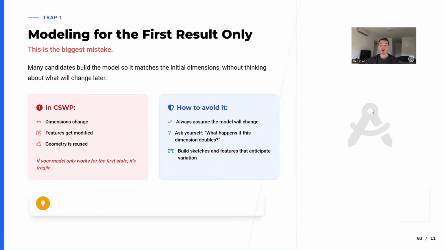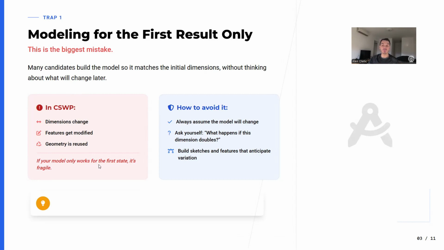So the first trap is modeling for the first results only. And this is the biggest mistake because most candidates build the model so it matches the initial dimensions, but they don't think about what will change later. In the CSWP, dimensions change, features get modified, geometry is reused.